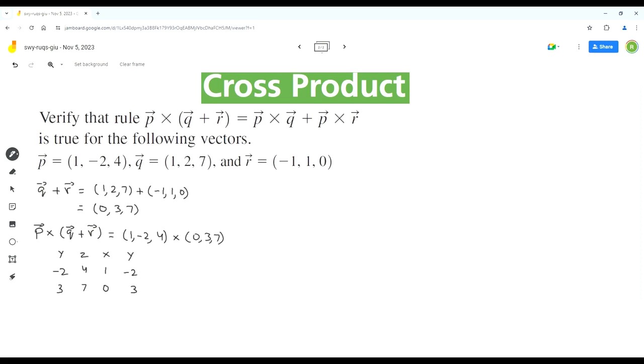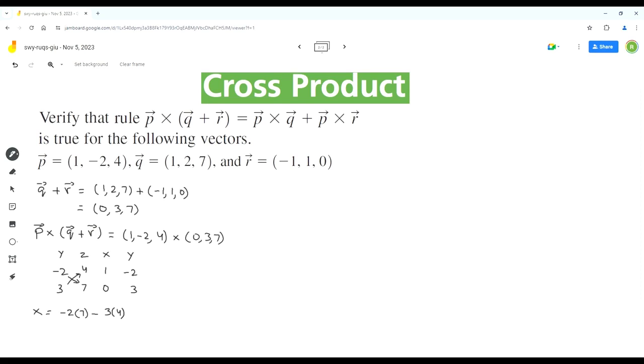Now we can find the x component of the cross product vector. So for that, we'll cross multiply the y and the z component. So we start from the top left and go across in the downward direction. So we'll multiply negative 2 by 7. And from that, we subtract the product of 3 and 4.